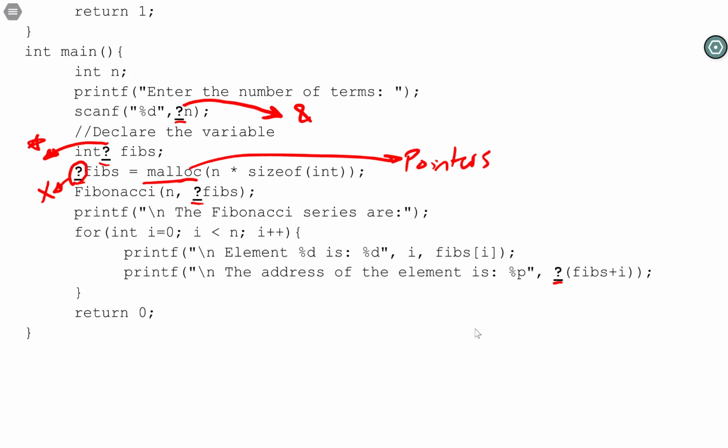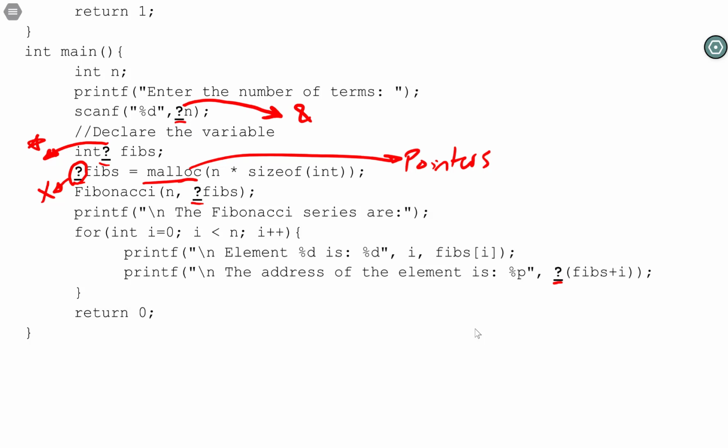Okay, so the next question mark, we have it in the printf statement, okay? And it's saying the address of the element is %p and then question mark febs plus i. So if you look here, you'll find that for some reason we have a question mark here, and we want to see if it is an AND, an asterisk, or nothing. Let's start first with the AND operator. febs by itself is an address, so I will never use it with the AND operator, right?